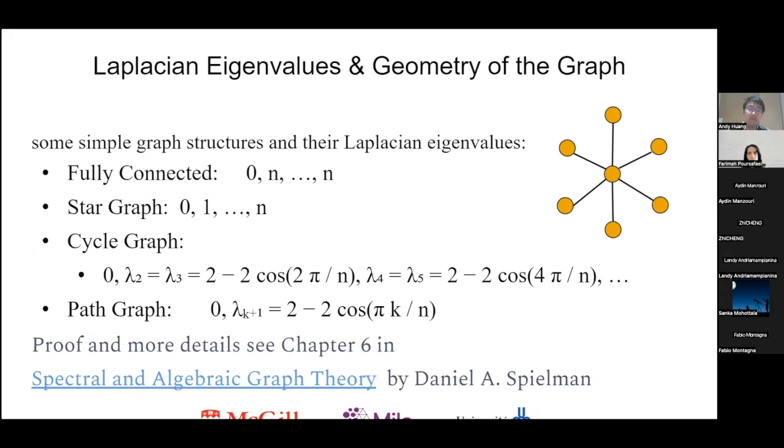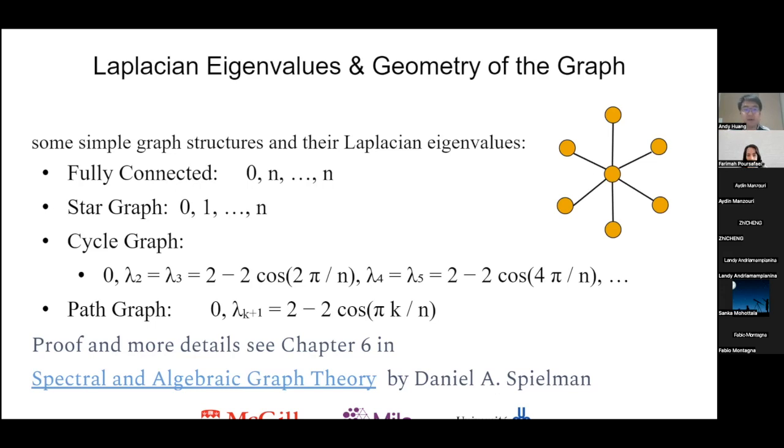For example, if you have a fully connected graph, then you have one connected component, which means the first eigenvalue, by first I mean the smallest one, will be 0. And then everybody else will be n, where n is the number of nodes that you have. That means all the nodes have the same connectivity. So you can intuitively see the graph geometry in this case from the Laplacian eigenvalues alone.